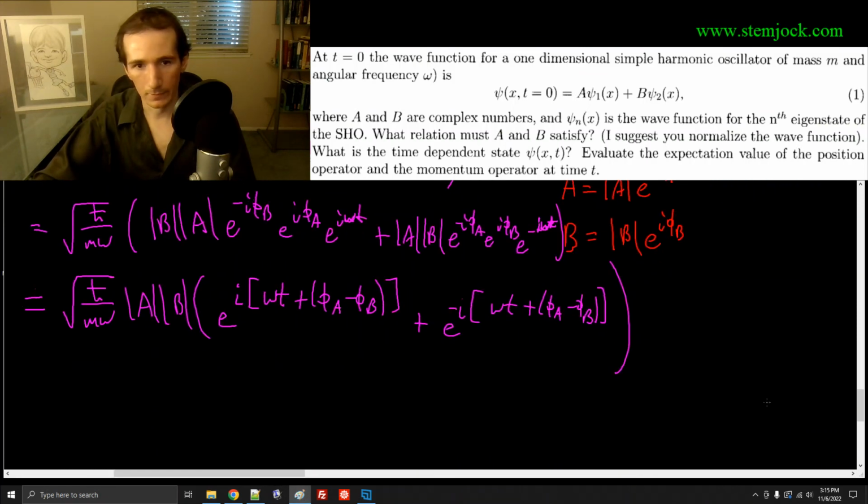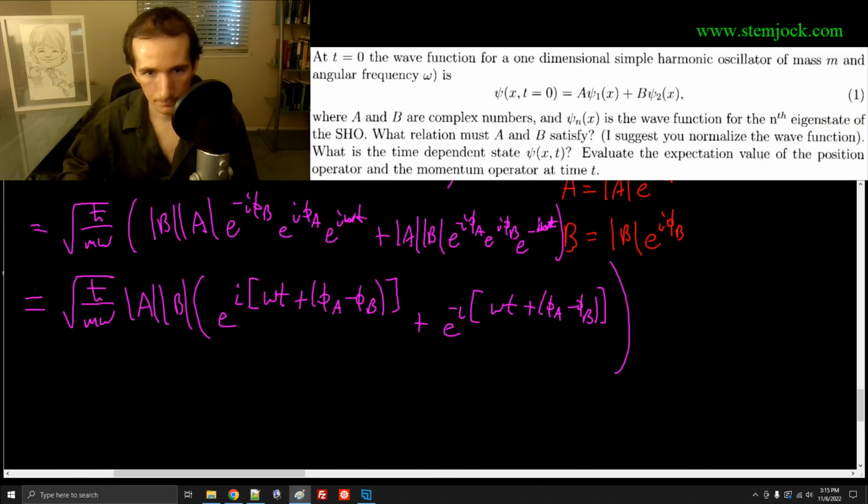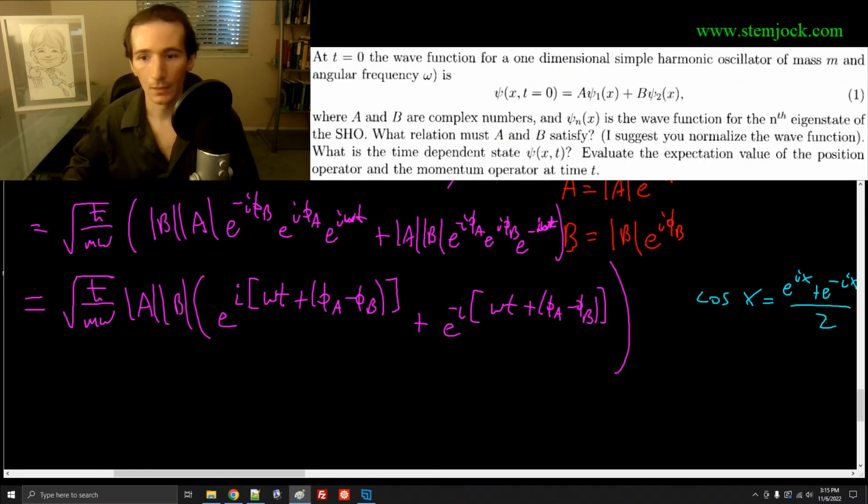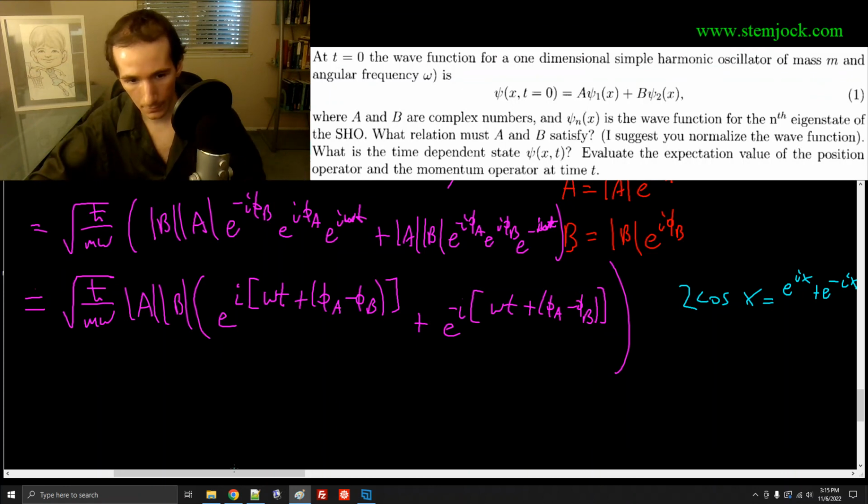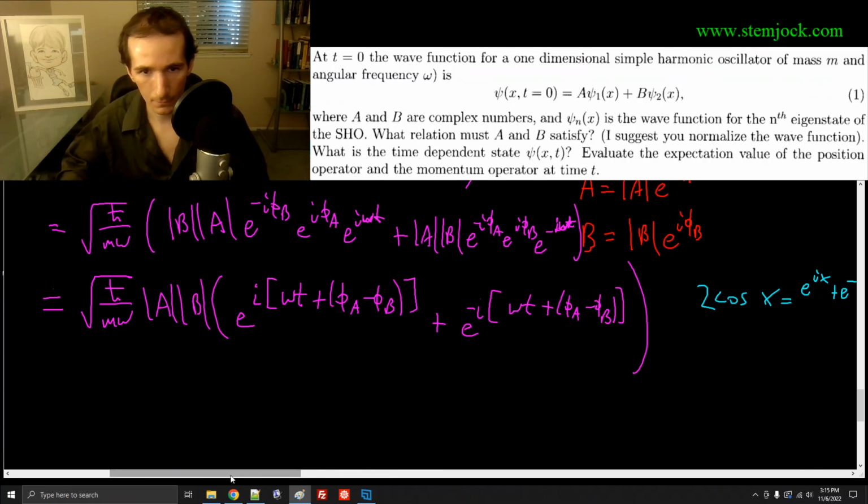And if you remember, the cosine can be defined in terms of exponential functions as e to the ix plus e to the minus ix over 2. What we have here is what's in the numerator, so I'm going to multiply both sides by that. So this is 2 times the cosine of omega t plus the phase difference.